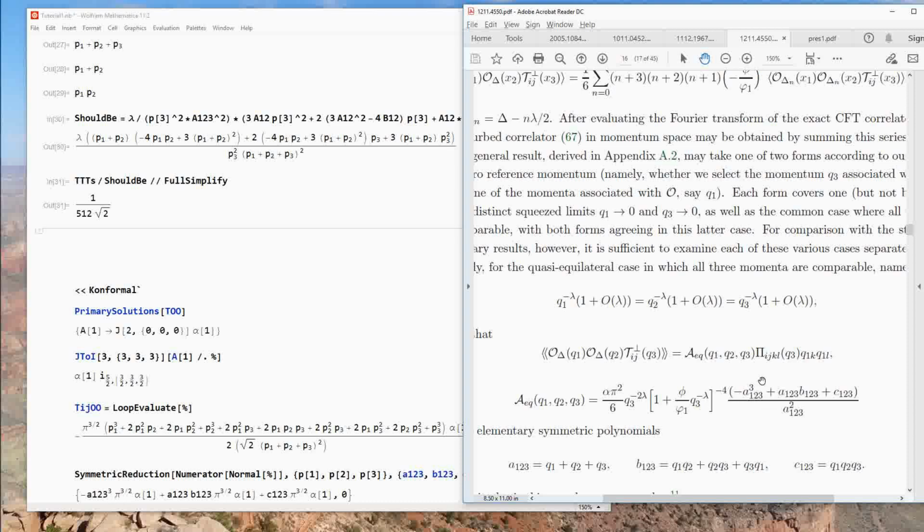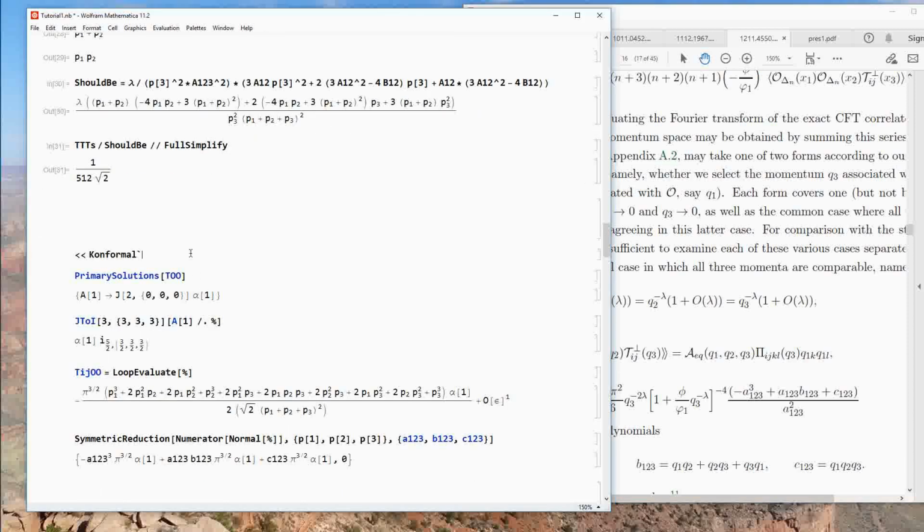And then what stands here is the actual 3-point function of the stress tensor and 2 scalar operators of dimension 3. So this is what we will calculate here. First we will calculate it using just general CFT considerations, and then we will also calculate it in a theory of 3 massless scalars.